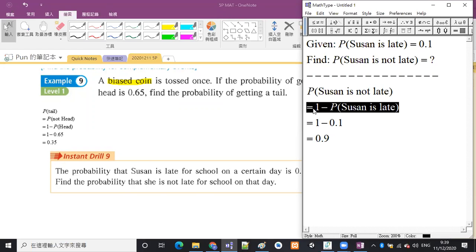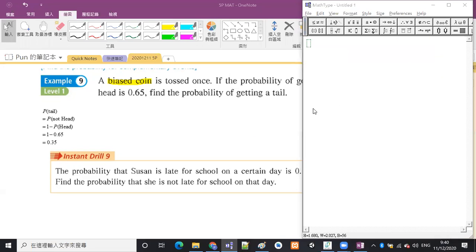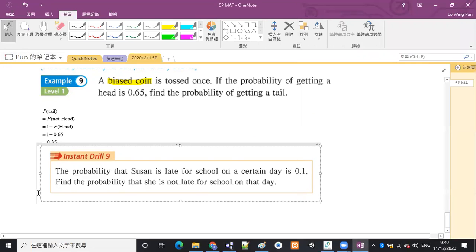But during the lesson, I would like to explain in detail to you what we are thinking. So normally I will write down the thinking steps. Okay, but those thinking steps will not be counted, will not be marked. Okay, so you may skip those thinking steps. Just do the calculation steps will be okay. All right. So this is instant drill number 9.